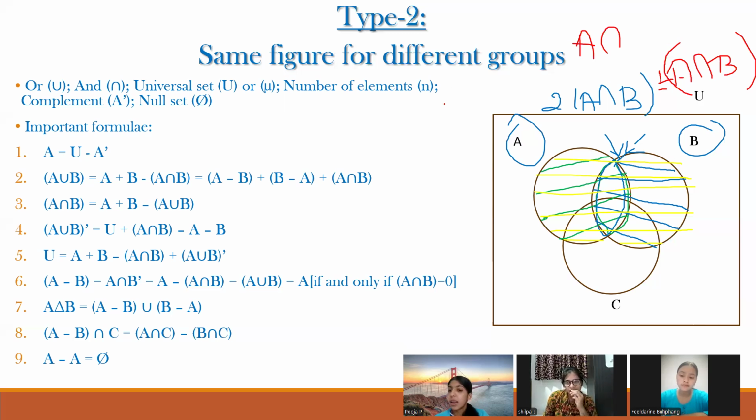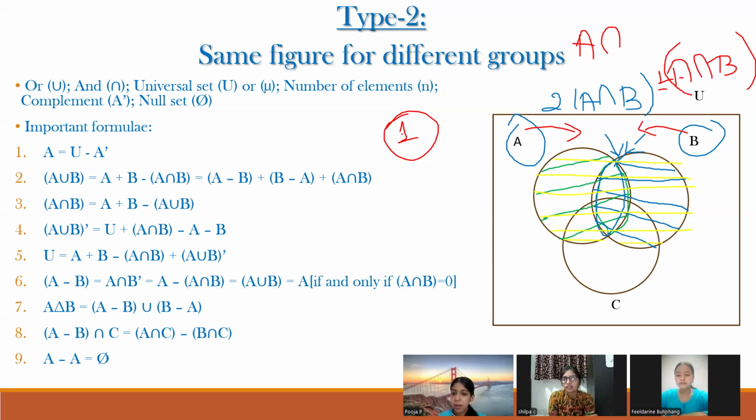Okay. For A union B, the intersection has to come only one time. Agreed, Shilpa? Yes, ma'am. But when you're taking the formula, with A you're taking once, with B you're taking once.